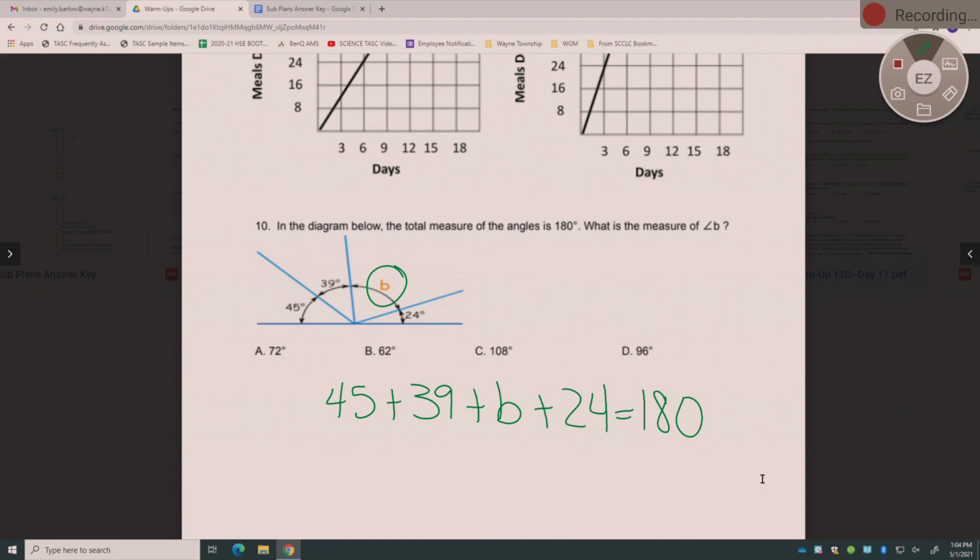And these together, 45 plus 39 plus 24 equals 108. So 108 plus B equals 180.